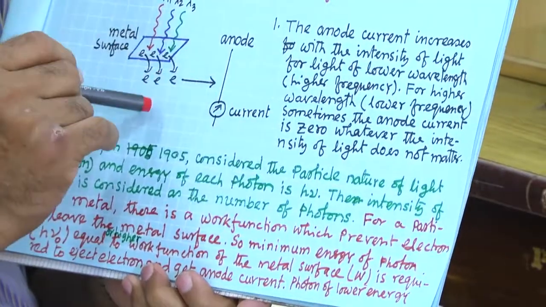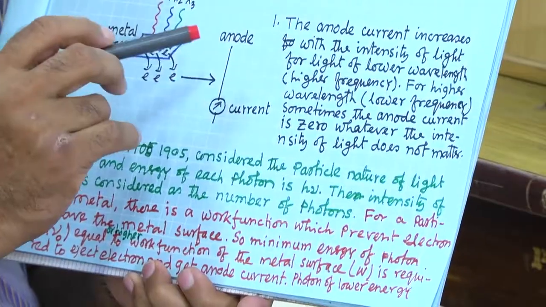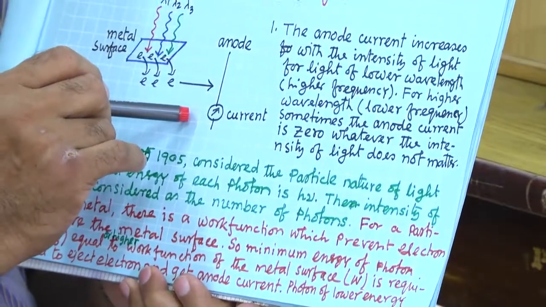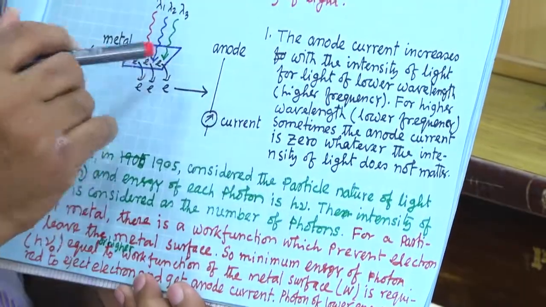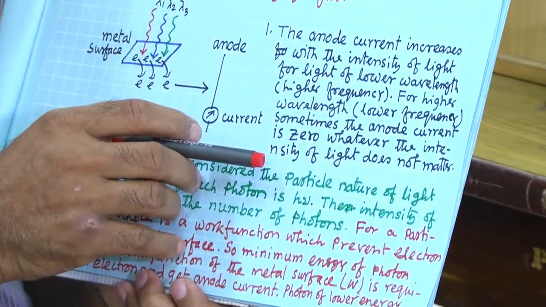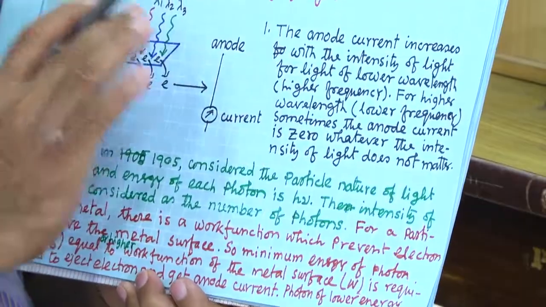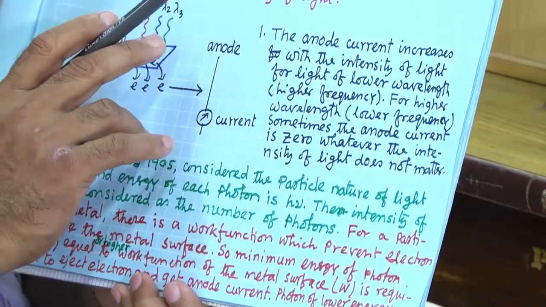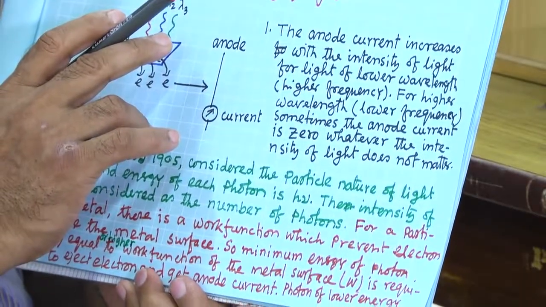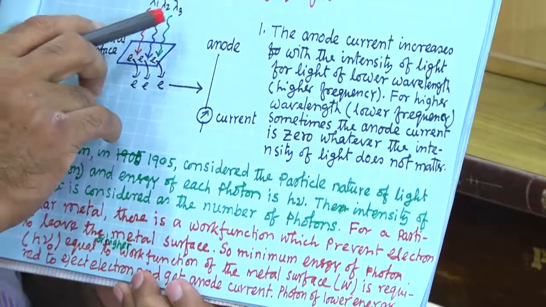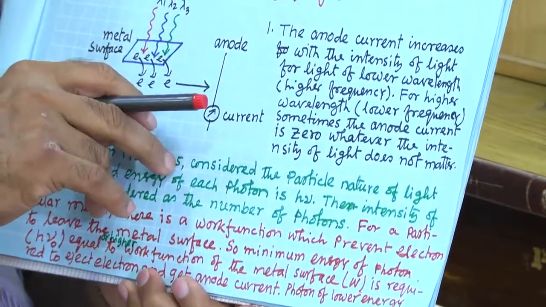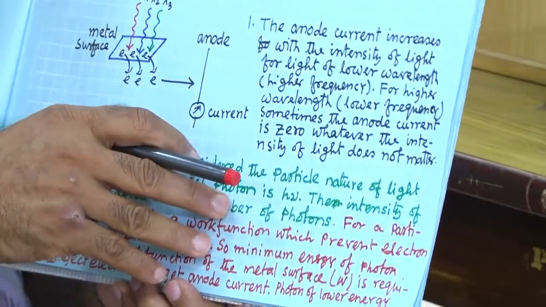So, this result is showing that the number of electrons emitted from this metal surface does not depend on the intensity of light. It mainly depends on the wavelength of the light, the frequency of the light.